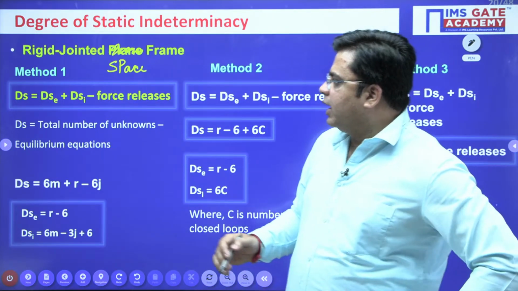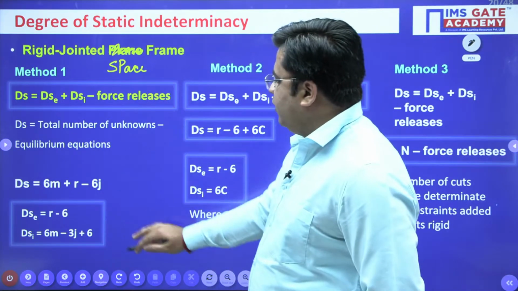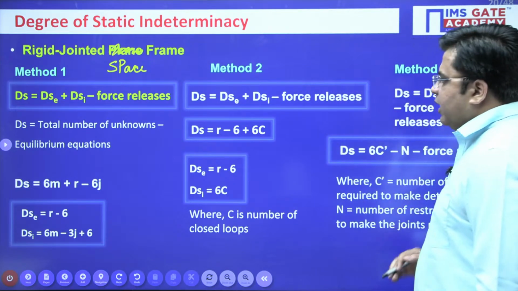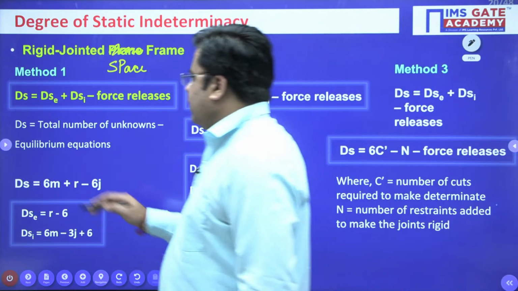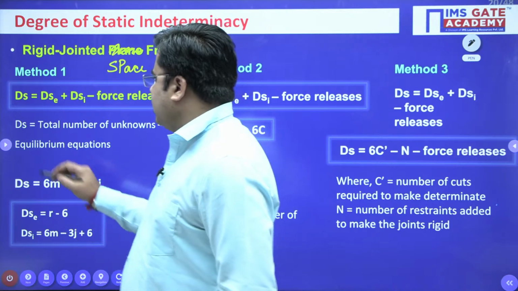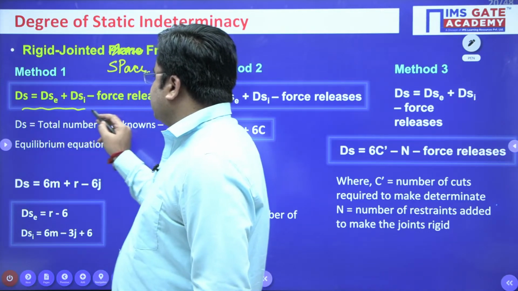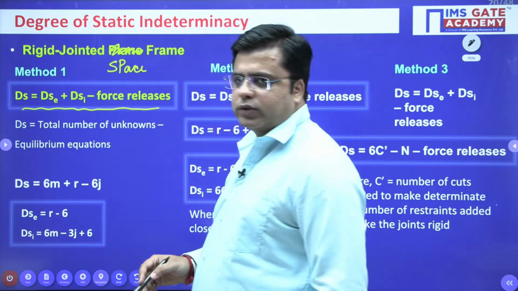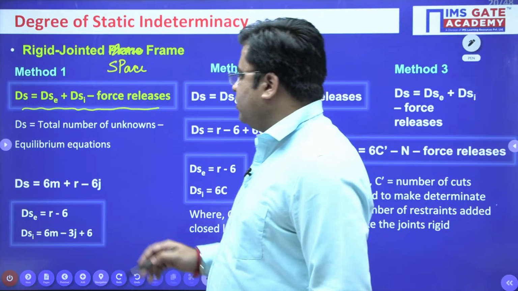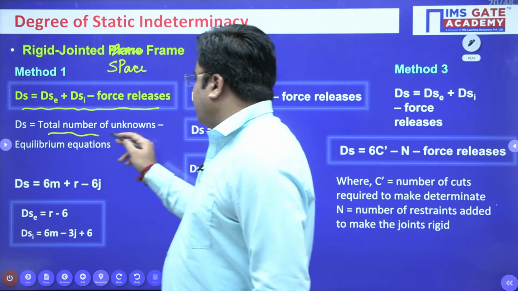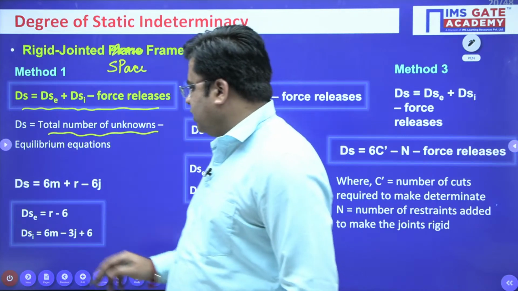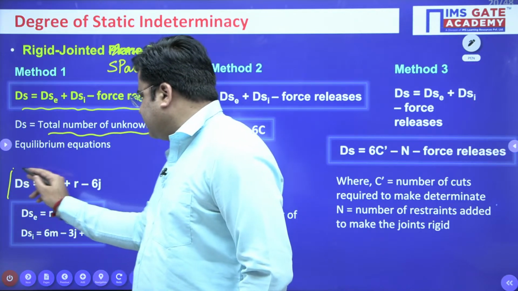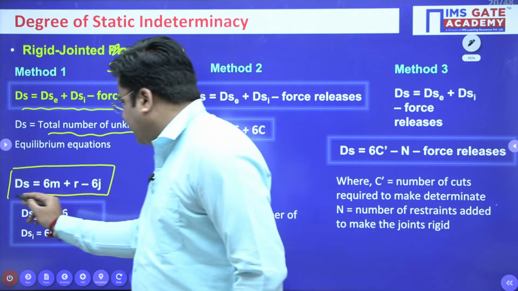Again, for a rigid jointed space frame, we have 3 methods for calculating the degree of static indeterminacy. First is by using the formulas. So, ds is equal to dse plus dsi minus force releases. Your ds is equal to the total number of unknowns minus the equilibrium equations. ds can be calculated as 6m plus r minus 6j.